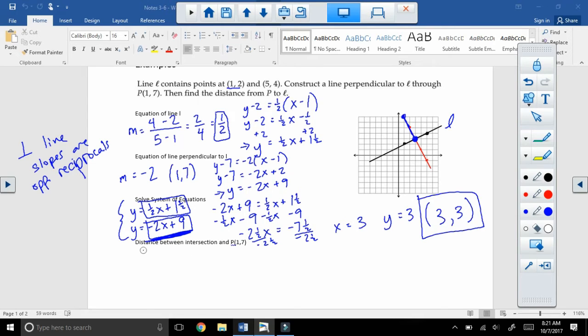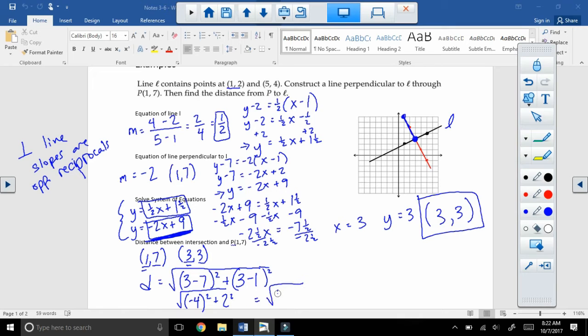So I'm finding the distance between (1, 7) and (3, 3). For the distance, I take the difference of the x values squared plus the difference of the y values squared. So I'm going to have 3 minus 1 and then 3 minus 7. This is going to be 2 squared plus -4 squared. So 4 plus 16.